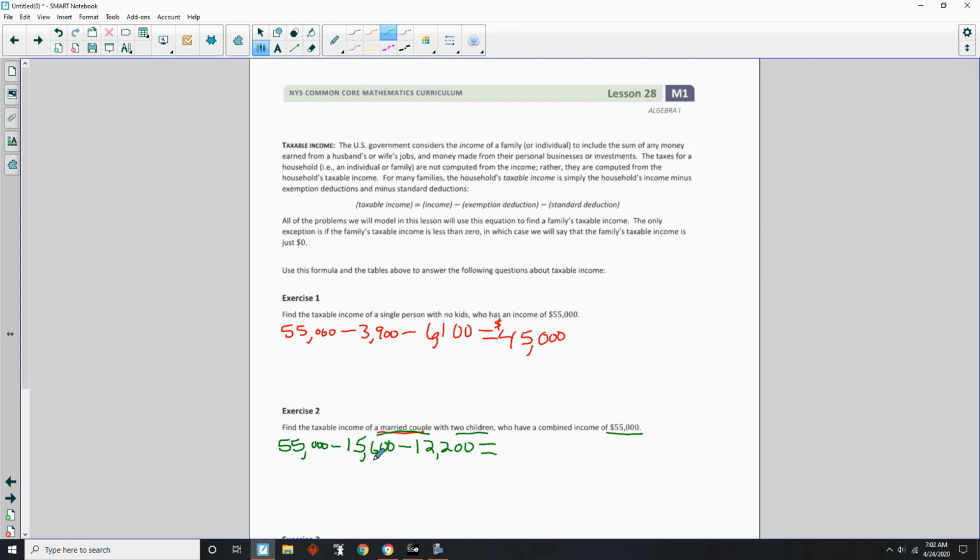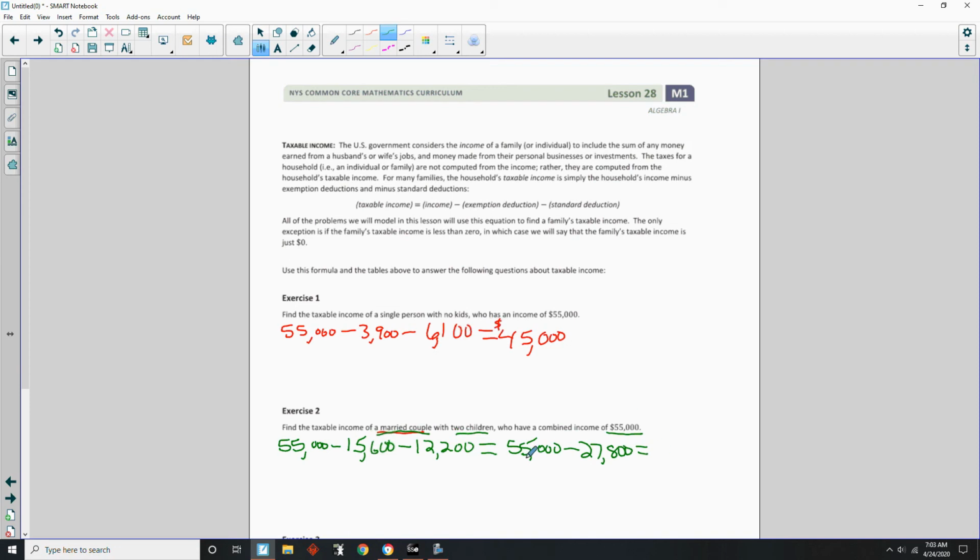Okay, so I'm just going to rewrite this. It's 55,000 minus, and 15 and 12 is 27, and then 6 plus 2 is 8. So it's $27,800.